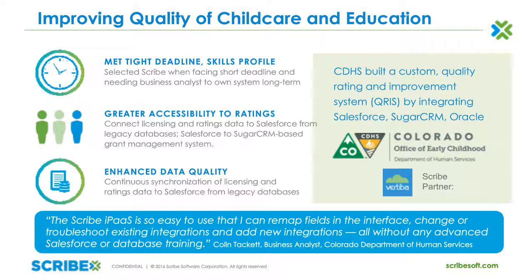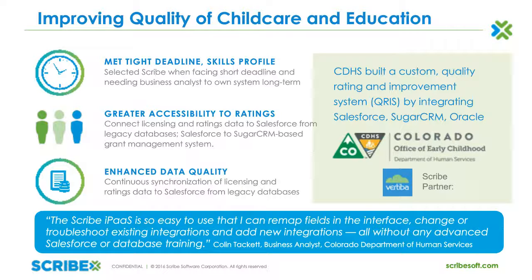As a result of using Scribe, they became self-sufficient, but they also had results from this service that affected the public. So it improved the availability of information on ratings of those childhood offices. It made citizens more aware of what the ratings were, because it enhanced the data quality by tying together all these different systems where they were separate and disconnected prior to that.